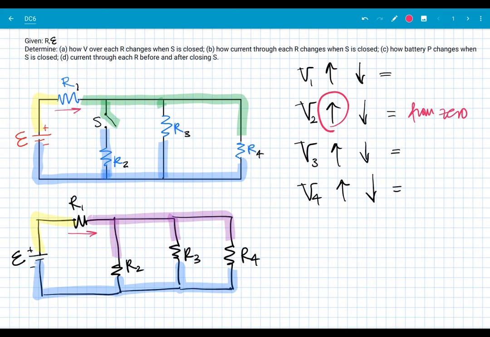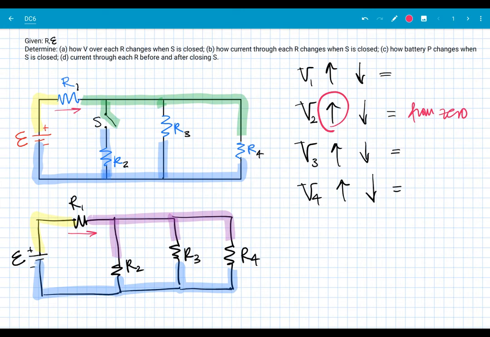So there are different ways of thinking about this. The way that I really like is if you can see that when you close the switch, and you can show this in a calculation too, you are decreasing the equivalent resistance. Let's say that again. When you close the switch, you're decreasing the equivalent resistance. You can do the math out and figure that out.